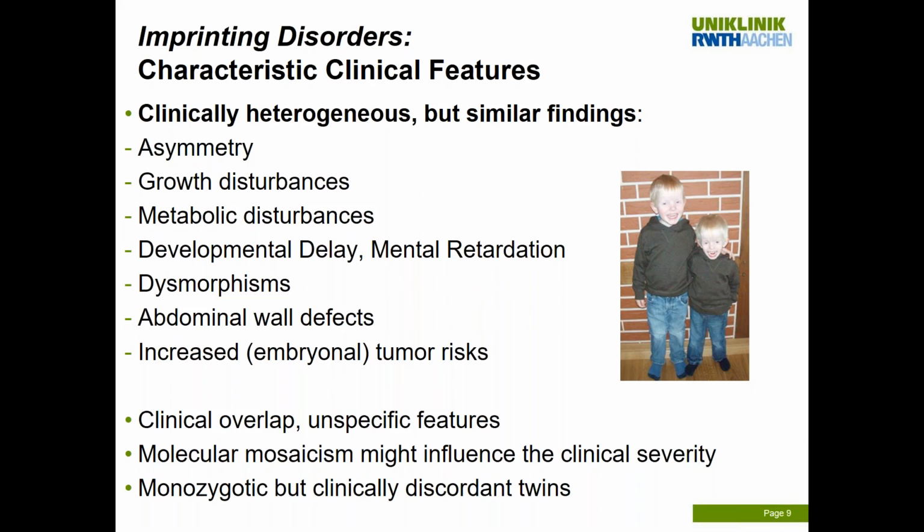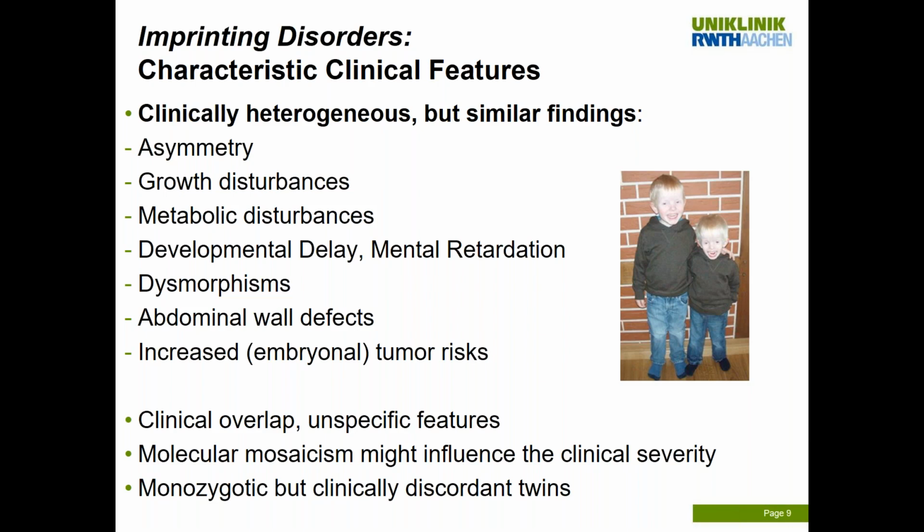Then we might have metabolic disturbances. In Angelman syndrome and some others, we have developmental delay or mental retardation. We have specific dysmorphisms, abdominal wall defects, and in Beckwith-Wiedemann and Kagami-Ogata syndrome, again, we have increased embryonal tumor risks.